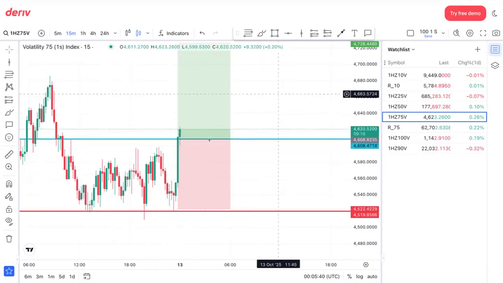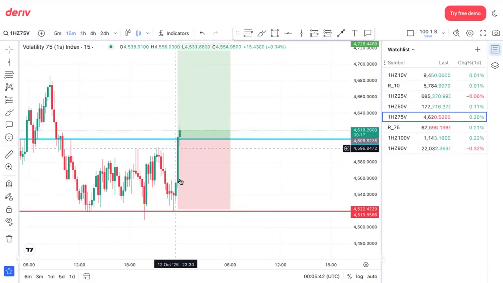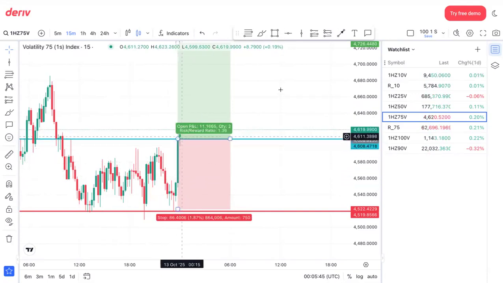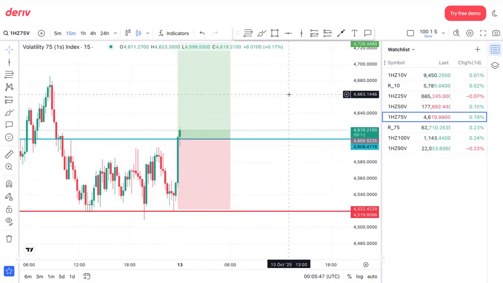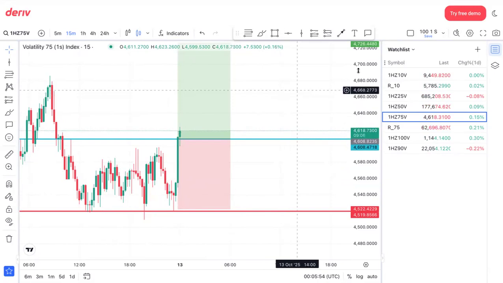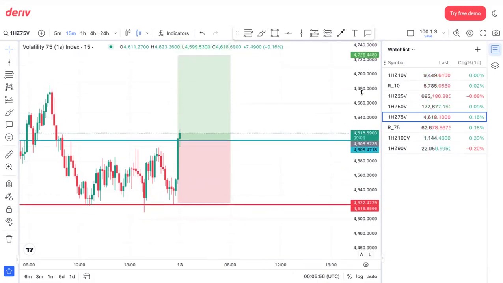You do not enter on these kind of moves. You wait for your break and close, then you enter on that candle. You understand? That's how you get to go in. All right, you come here. Boom.